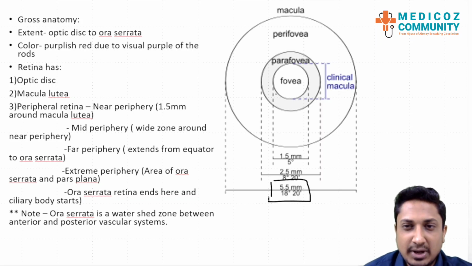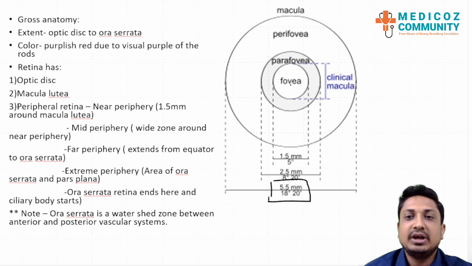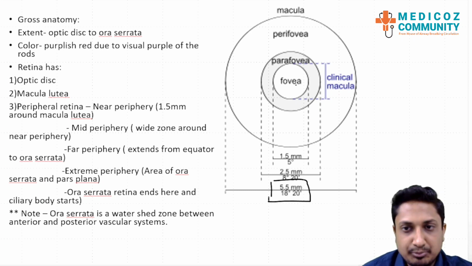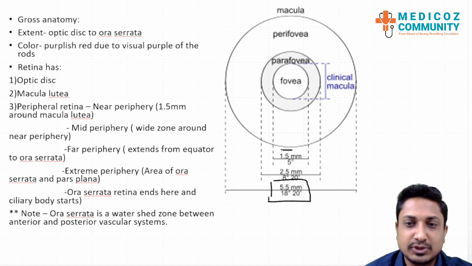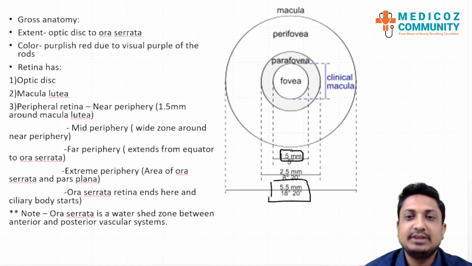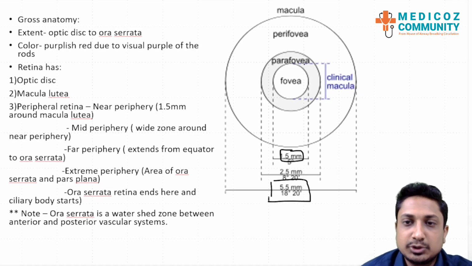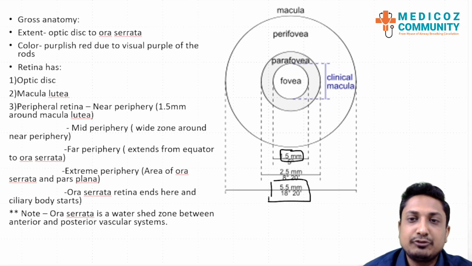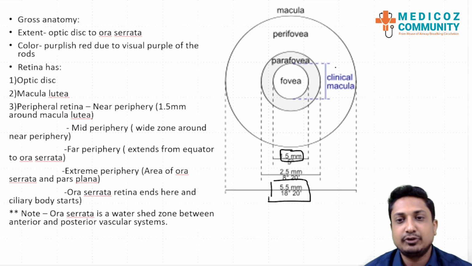The central part is called the fovea, and in the center of fovea there is the foveola, the umbo, and the clivus, also called the light reflex. The length of fovea is 1.5 mm, the same as the length of optic disc. Beyond the fovea there is a part called parafovea, and beyond parafovea this area is called perifovea.